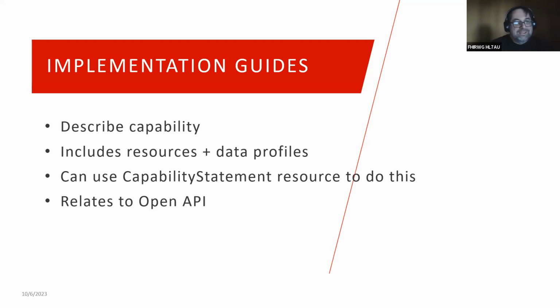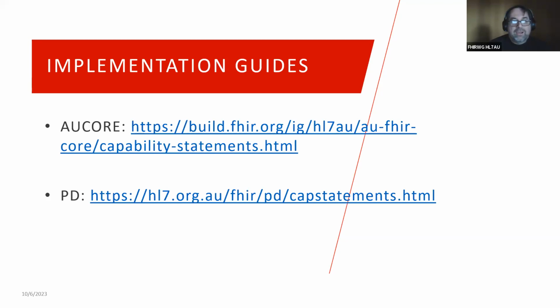So the server will say, I support patient, I support search by patient by family name, so therefore the connecting system knows that it can do that kind of search for patient. So it's just a way to describe that in a formal way, and often there's actually a formal relation to things like OpenAPI, which is another way to describe APIs, and certainly there's been lots of work on how those things relate to each other, so it's worth knowing.